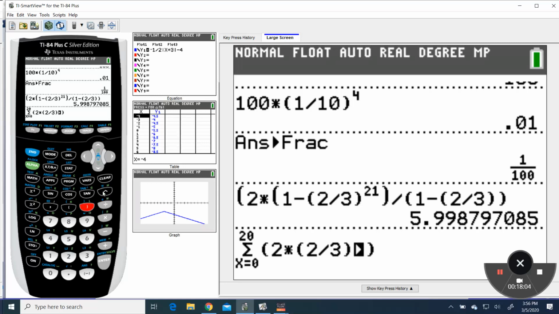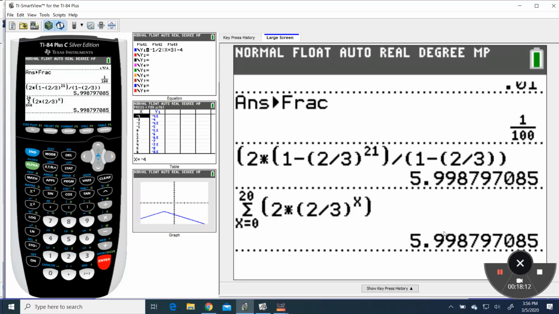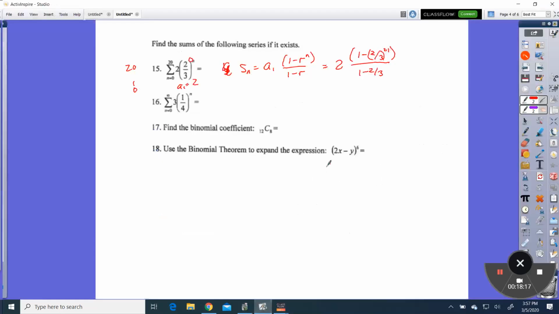I'm just going to use the x because that's the variable I used instead of n. Then I hit enter, and it tells me the same thing as before. So either way, you'll get the same answer. So that's approximately 5.999, almost 6. So that's number 15.